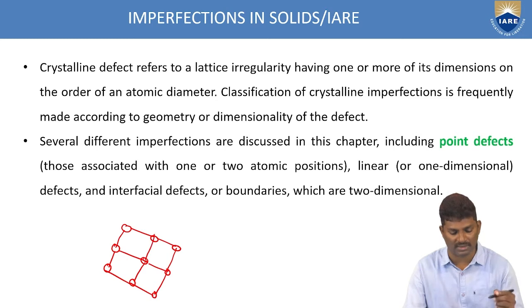Now, how do you identify if there is some defect? That means this atom may come like this. It is changing its position from here to here. Then there is some change. So this is the change.